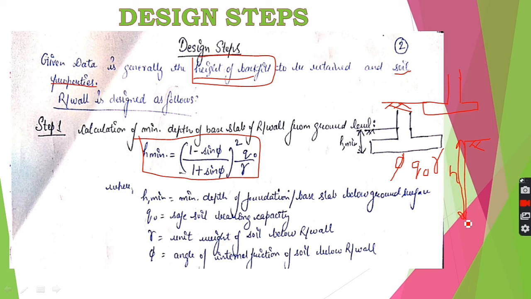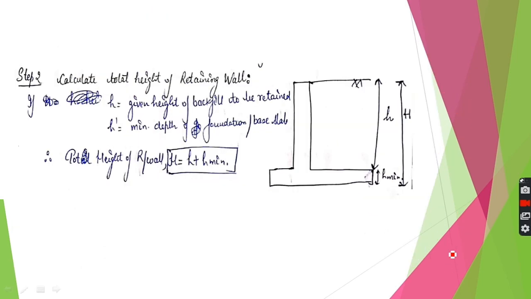But as we know, the retaining wall is not of this height but some more height below the ground level also. So the total height calculation requires both these values, h and h minimum. So once you decide h minimum, you can calculate the total height of the retaining wall. So now consequently the next step will be total height of retaining wall, which is h plus h minimum.